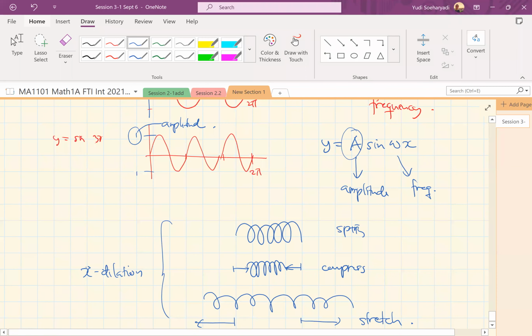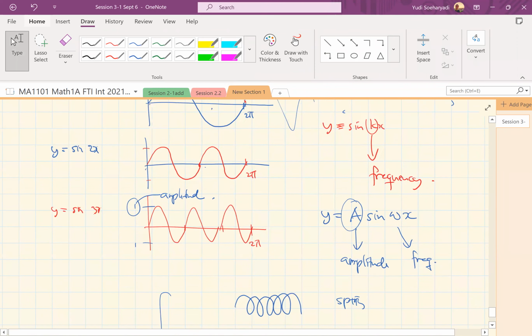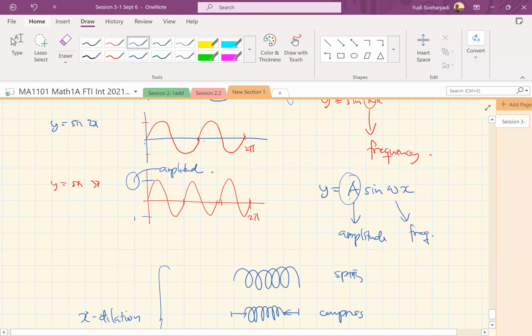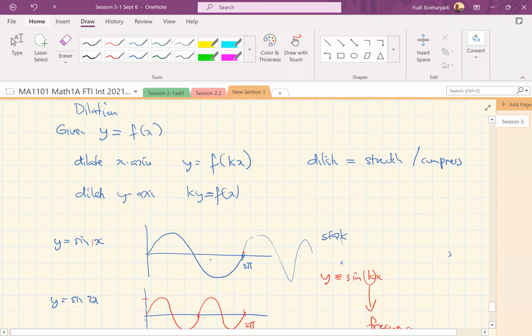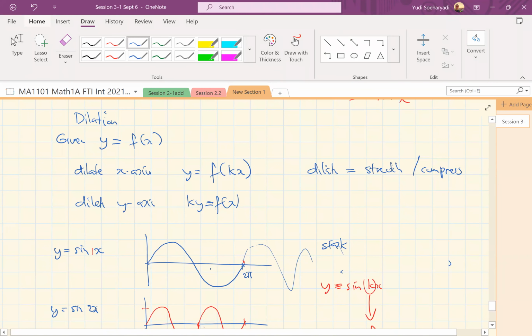Okay. What about Y dilations? Y dilation is just what you do with this A amplitude. Because if you dilate the Y, you multiply by 2, for example. Then if you put the 2 here, you get 1/2.